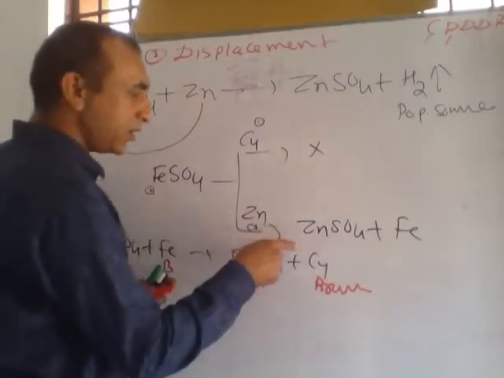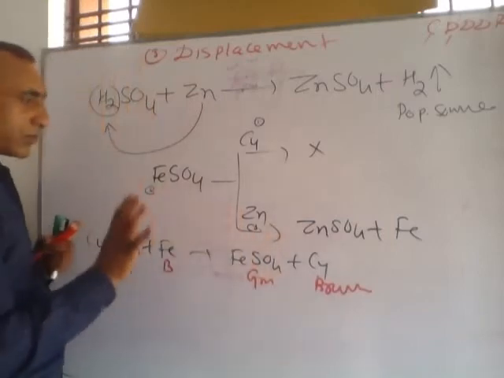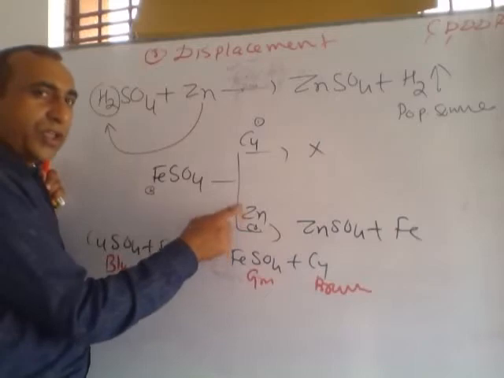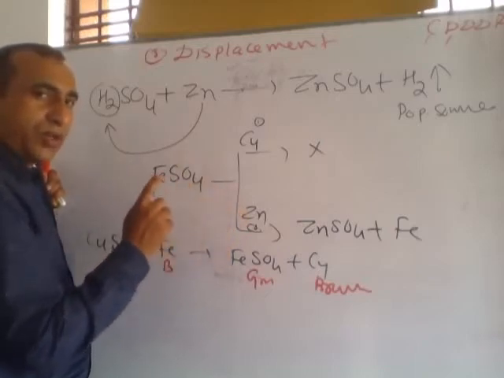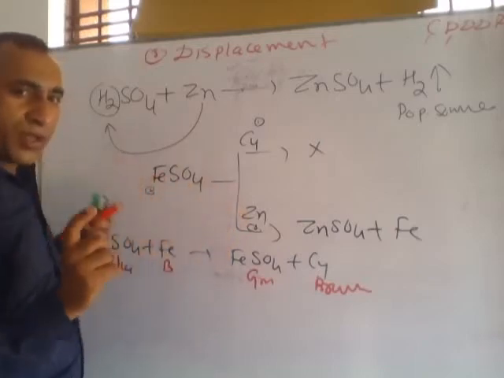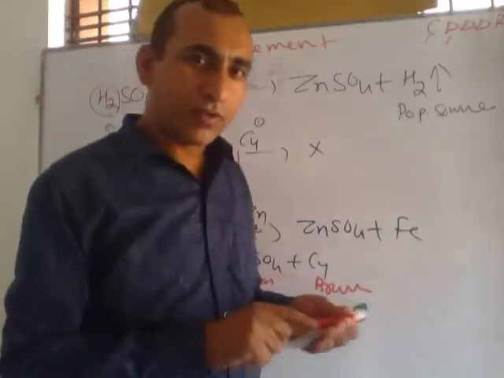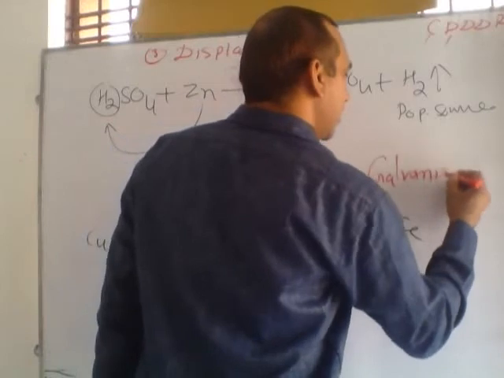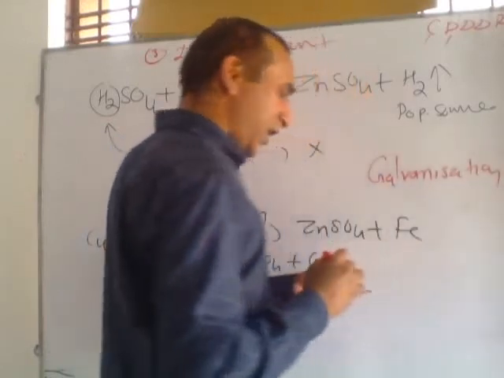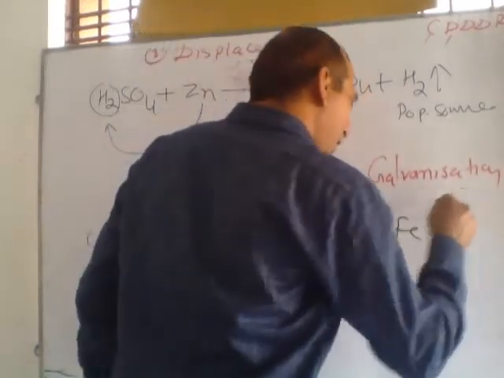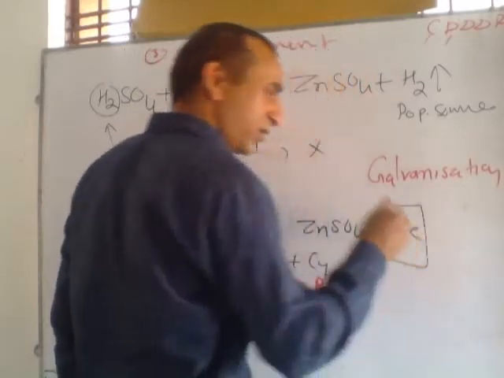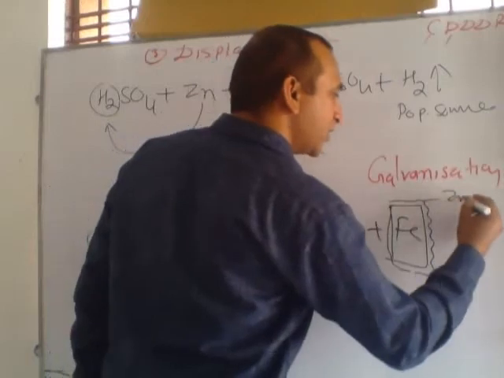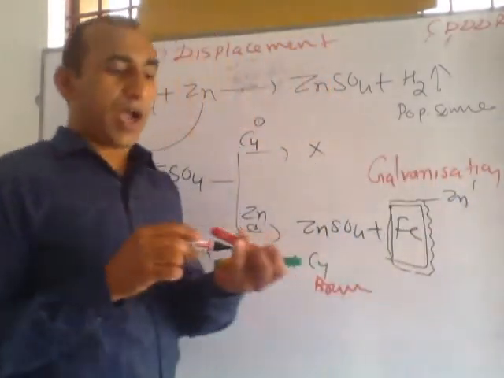And in this reaction they ask, zinc is highly reactive, so zinc is used in a method called galvanization. Galvanization is the process in which around the metal iron we form a thin layer of zinc, because zinc is more reactive than iron.